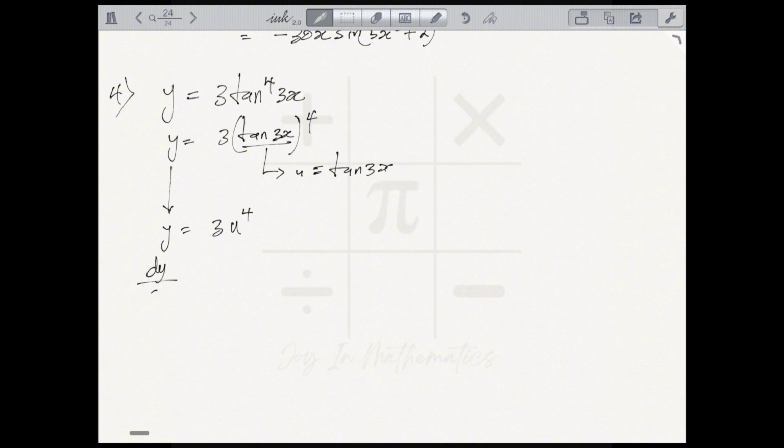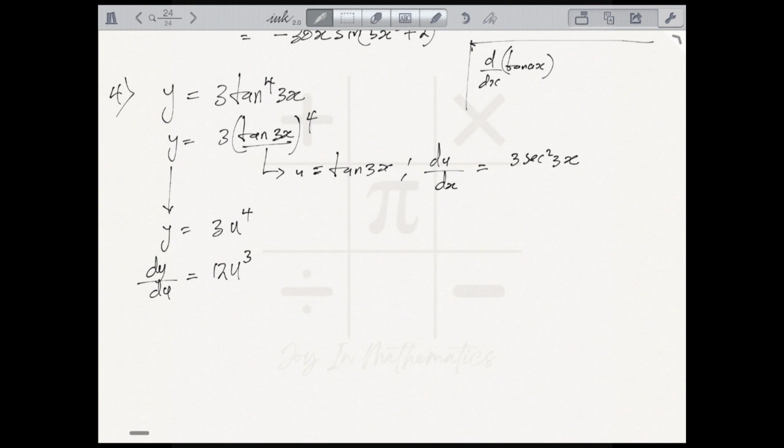Therefore we can evaluate dy/du, and we can also evaluate du/dx. dy/du in this case is 12u raised to power 3, and du/dx in this case is 3 sec squared 3x. Because remember that when you want to differentiate d/dx of tan ax, which you considered in our video on differentiation of a quotient, the d/dx of tan ax is equal to a sec squared ax.